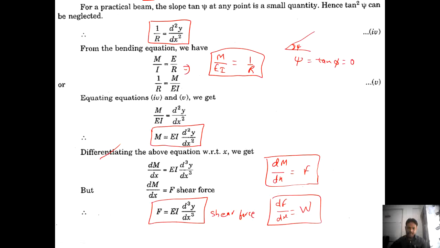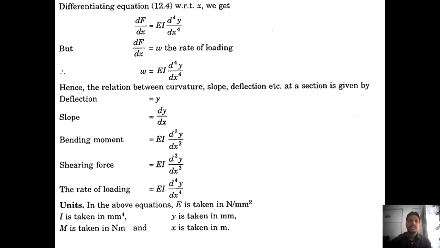Again differentiating F with respect to x gives EI times the derivative of d cube y by dx cube, which is d raised to 4 y by dx raised to 4.